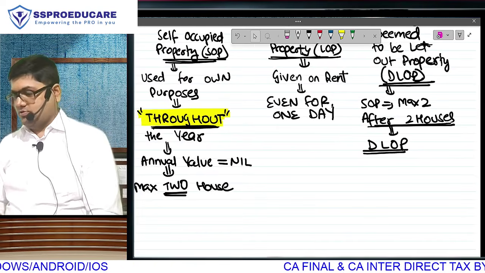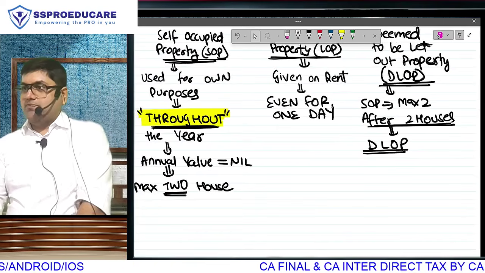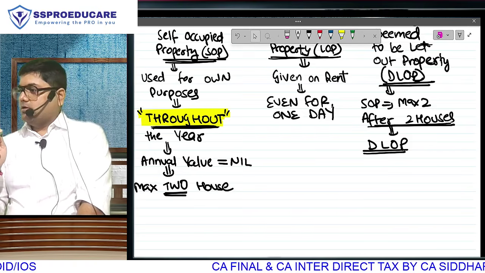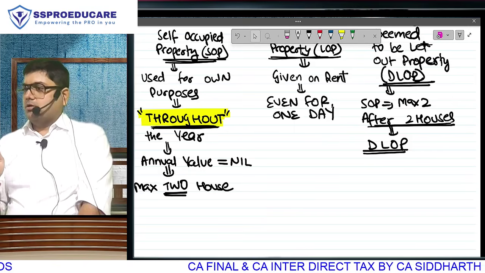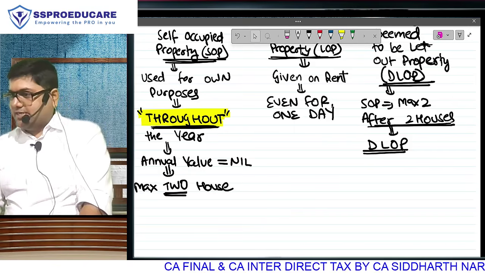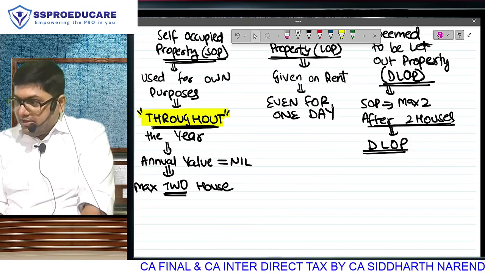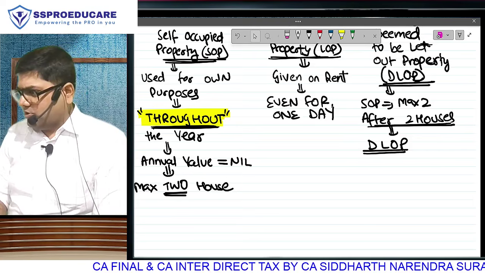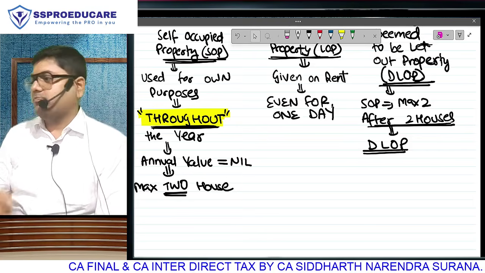पक्का? सुनो, जोड़ी फ्लैट्स, ड्यूप्ले, if they are adjacent to each other, converted into one, they are, आगे आएगा in some other chapter of income tax, they are considered as one property.